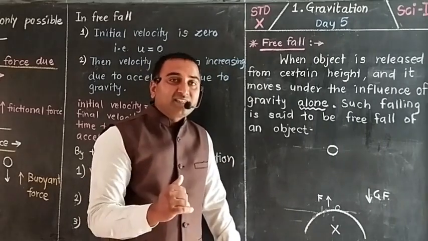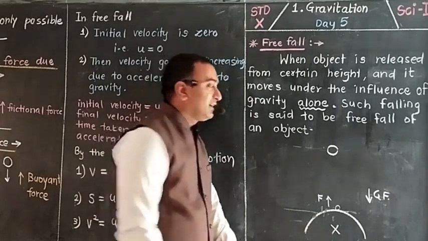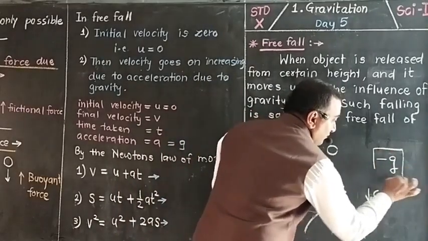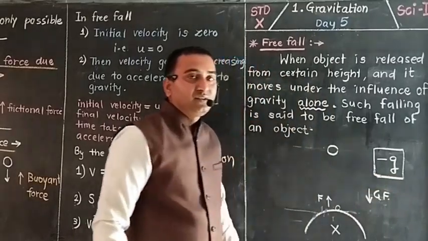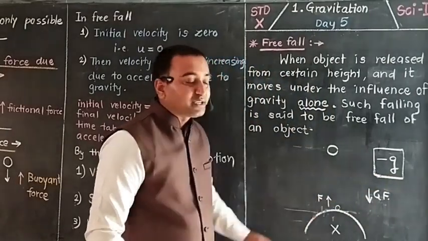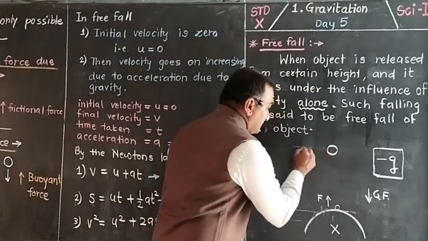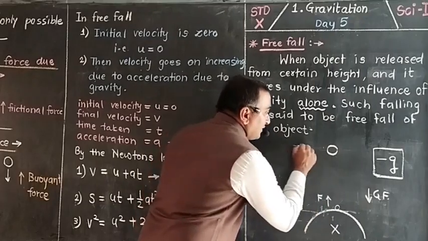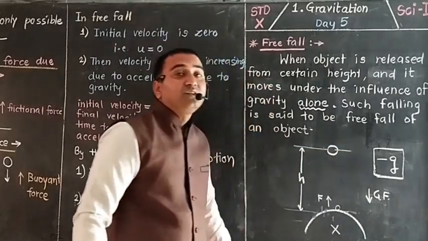As the initial velocity is larger than the final, here acceleration is negative acceleration. Because of this negative acceleration, the velocity of the thrown object decreases, and at a certain height, suppose this height is h, the object will come to rest.